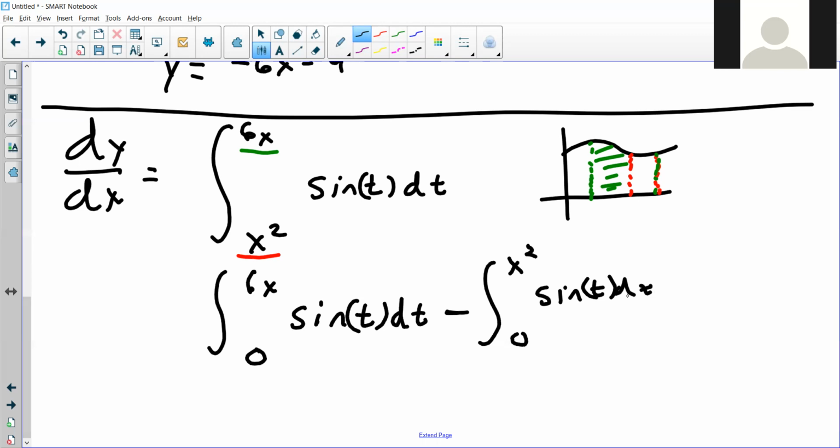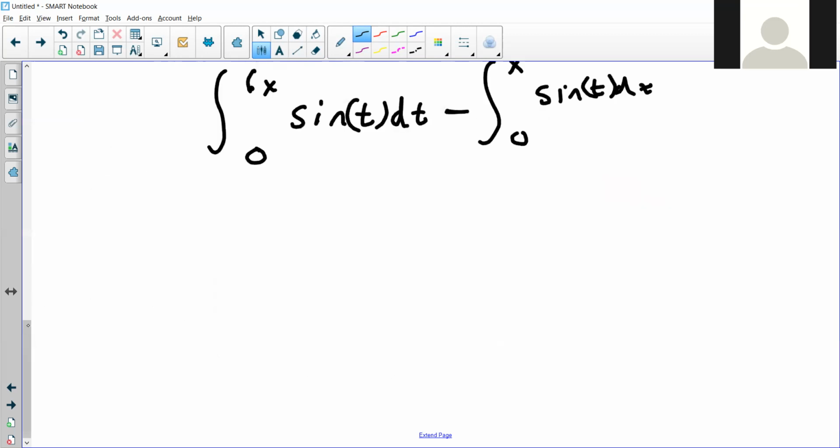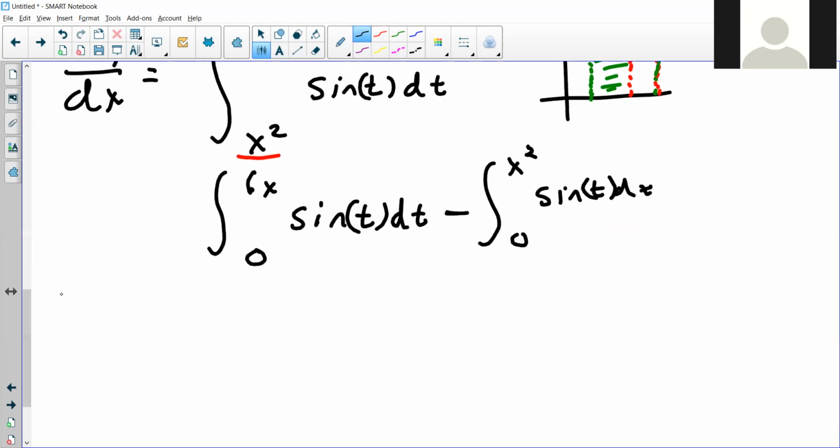Now we have a nice split, where the variable is on top and constant values are on the bottom. So we can just use the antiderivative and cancel it out. But don't forget, these limits are not just x, so you have to multiply by their derivatives.